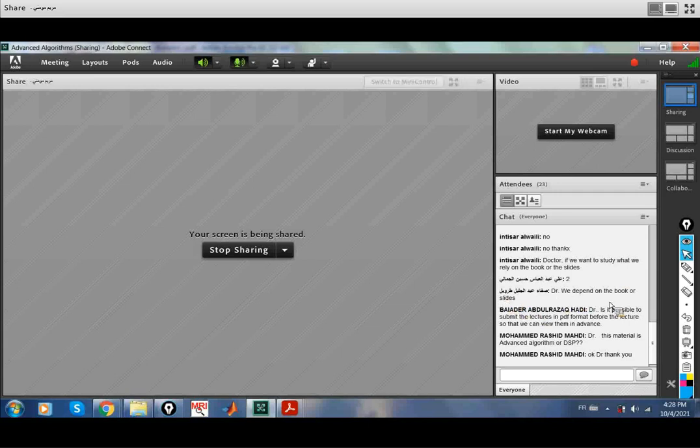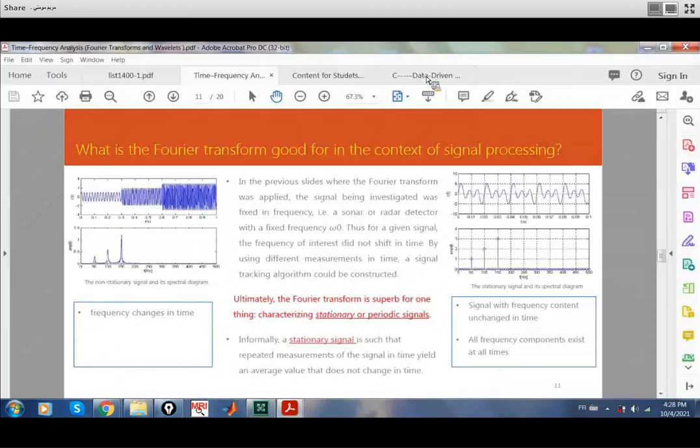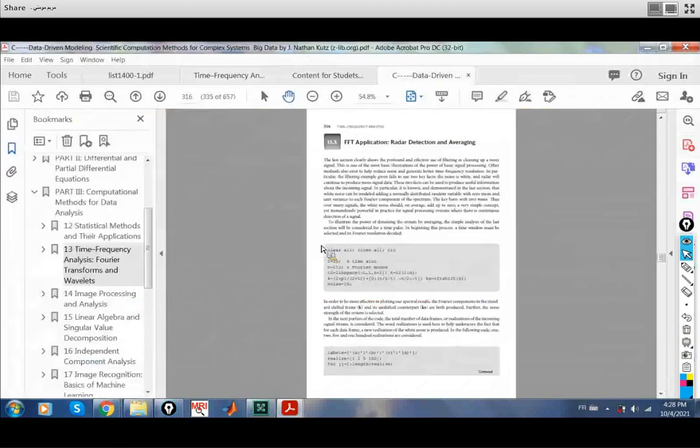And Safa Abdul Jalil asks whether to depend on the book or the slides, both of them. The PowerPoint slides are an abstract of the book.